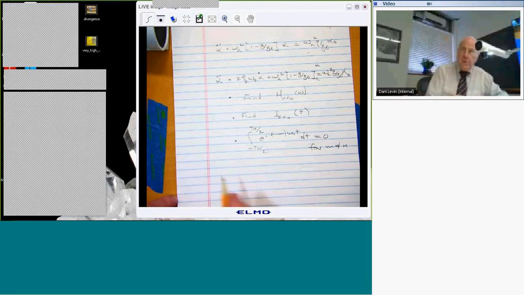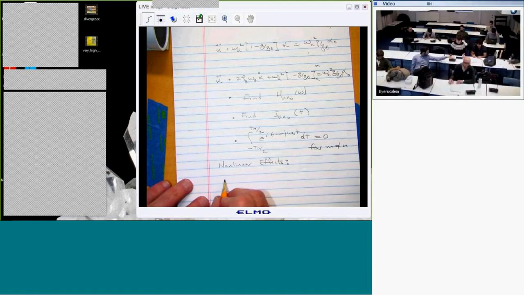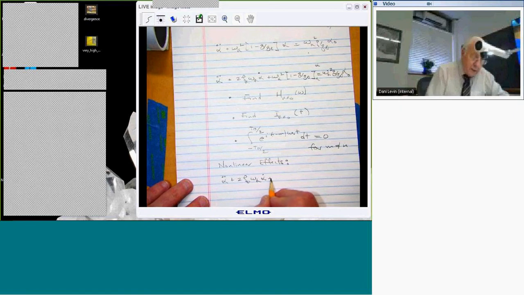So let's add another term, which will be nonlinear effects. Alpha double dot plus 2 zeta omega alpha alpha dot plus omega alpha squared times 1 minus q over qd times alpha, and let's just put in an alpha cubed term.